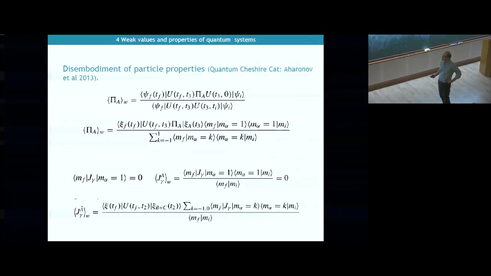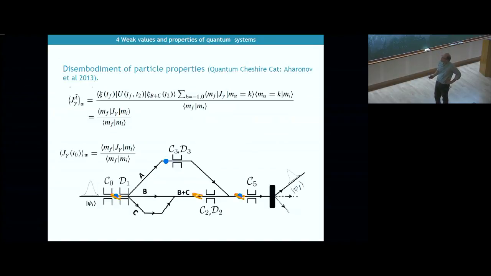And if you compute the weak value of the angular momentum, it is exactly the same thing, except that here you put J gamma at point A instead of the projector at A. And if you do the computation, you will find that the value is 0. Conversely, if you look at B plus C, that I also called A bar, then you will see that the weak value is given by this expression, which is exactly the same value you would obtain before entering the interferometer, or at the exit of the interferometer.